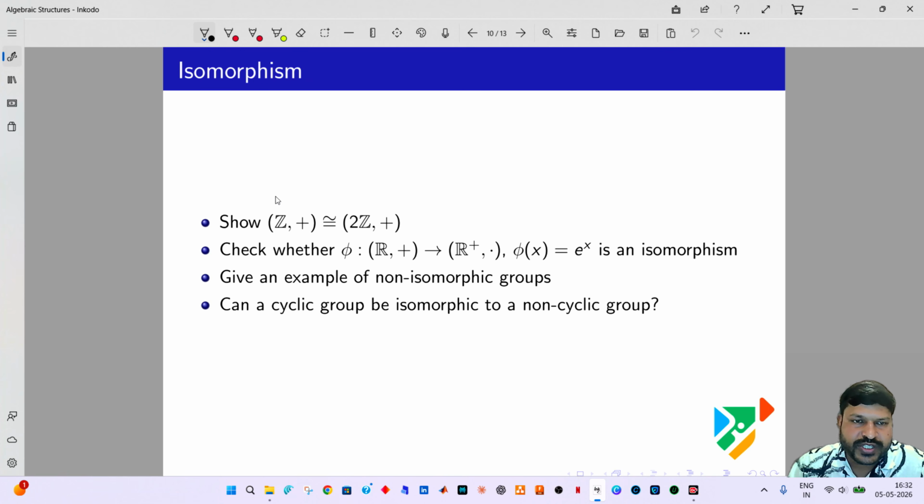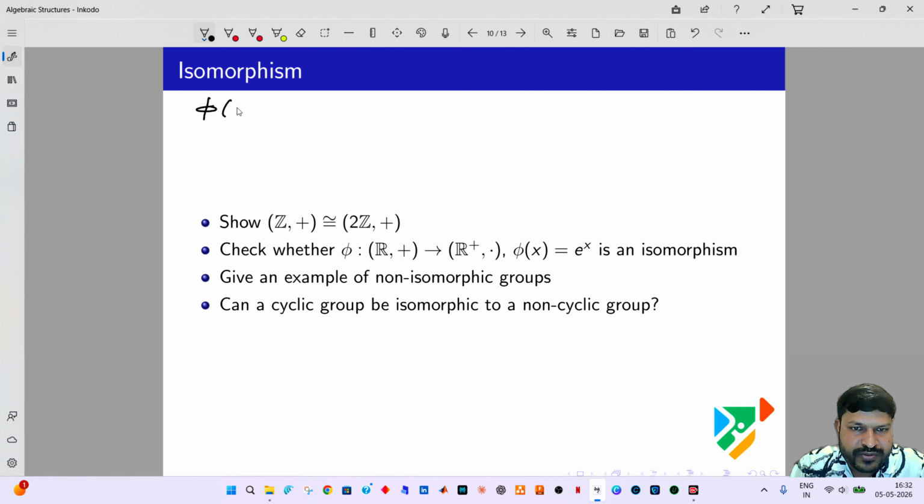Next example you see. This one. Is it an isomorphism? So for isomorphism, what do you require? First of all, it should be a homomorphism, and second, it should be a bijective map. So the first property you need to check is homomorphism.